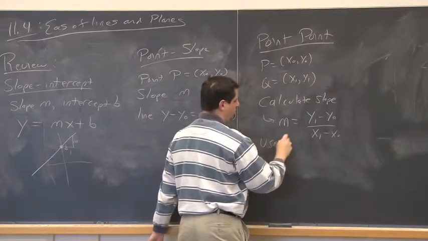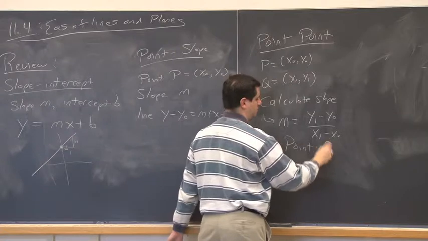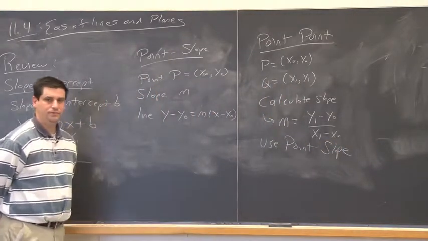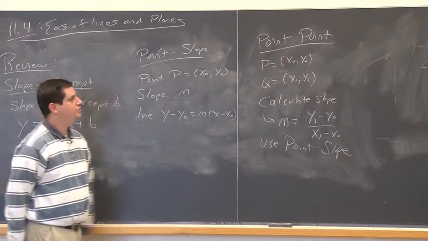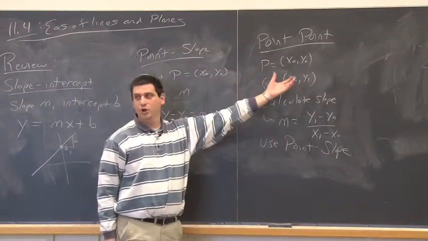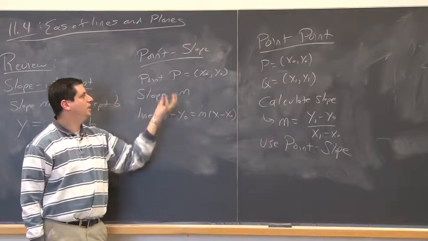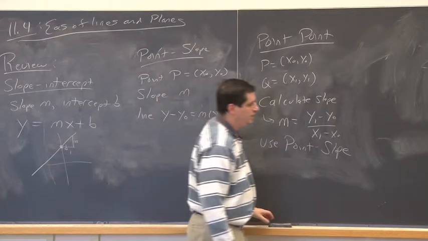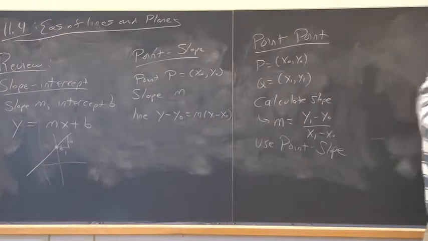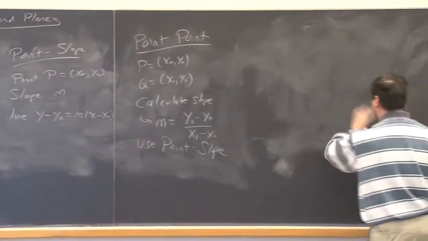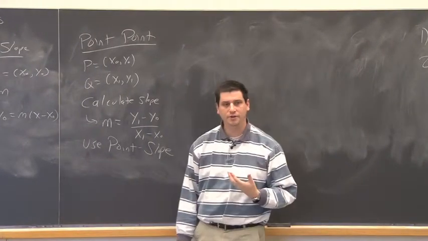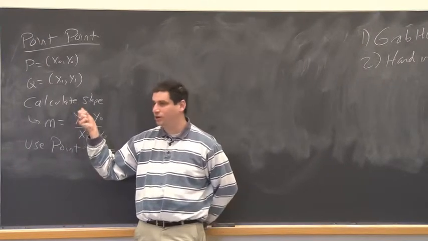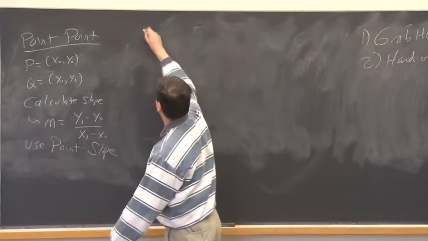And now use point-slope. So if we're given point, point, we can reduce back to the case of point-slope. Okay. What I want to do now is show you a way of re-looking at what we've done that's going to be more illuminating for higher dimensions. There is a vector going on in this problem. So we're going to reinterpret.